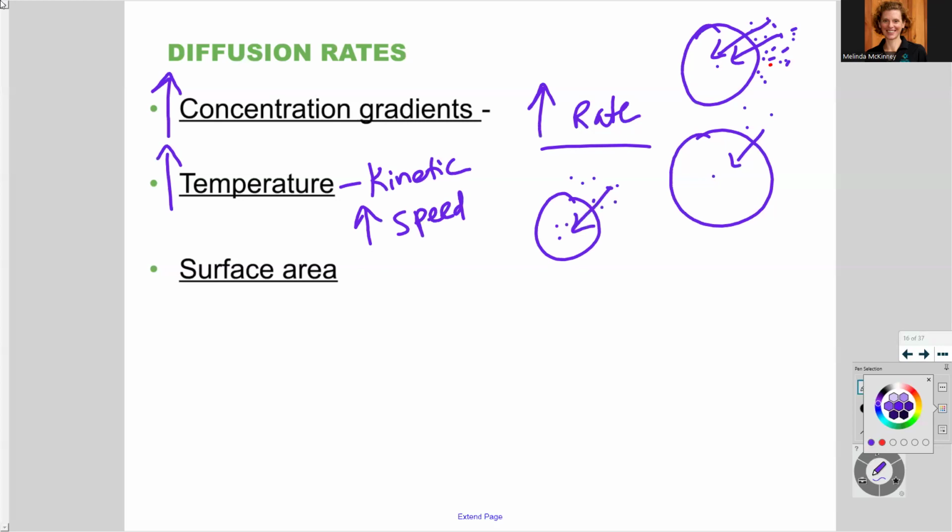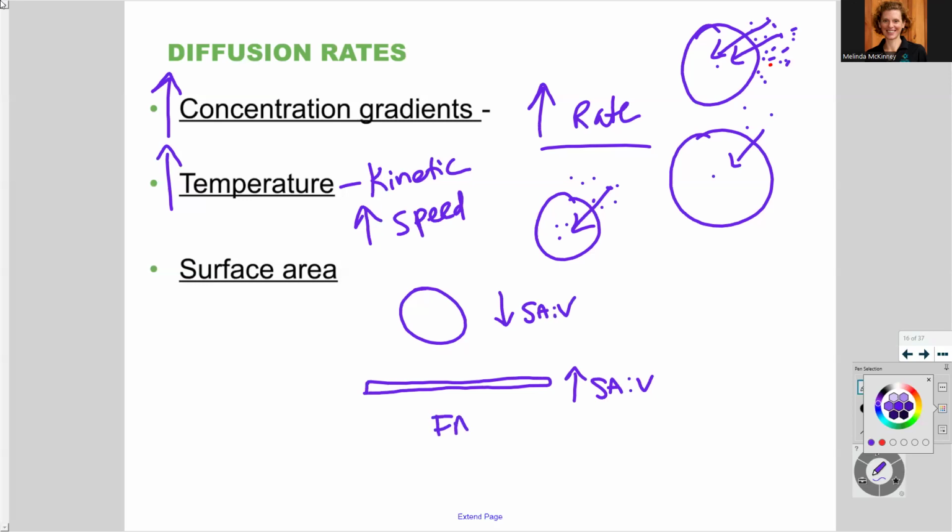The surface area as well. Say I have one cell that is a sphere, and I have another cell with the same volume that's really long and narrow, okay? This one has a higher surface area relative to the volume inside. This has a lower surface area relative to the volume. So this one is going to be faster, and this will be slower.